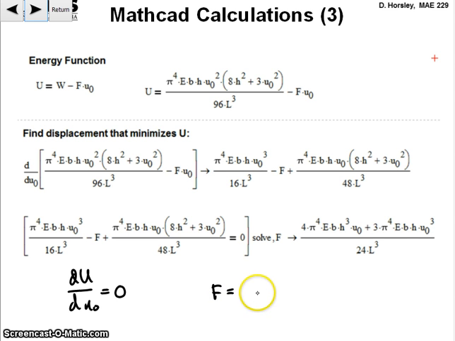equals, and it's sort of ugly, so I will write it in a slightly cleaner way.